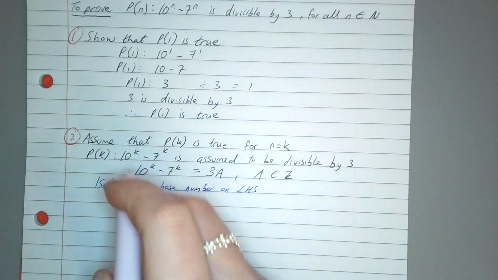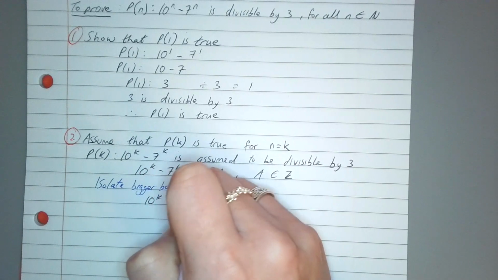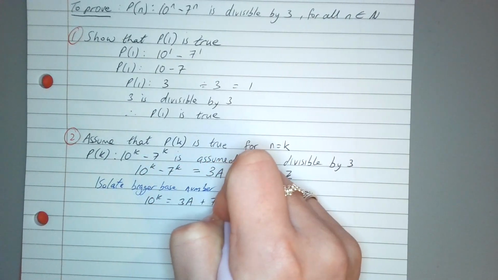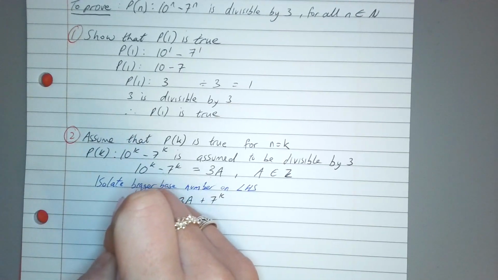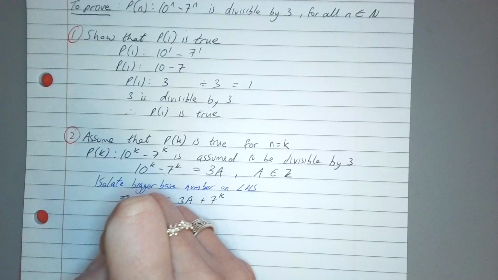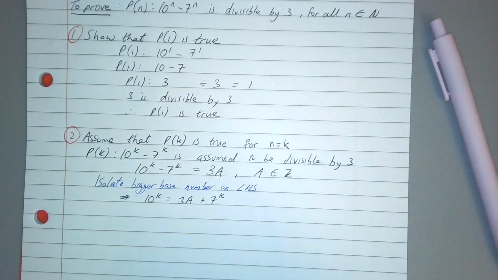Okay, so 10 is the bigger base number, so 10 to the power of k equals 3a plus 7 to the power of k. We're just manipulating this around, which implies it, so therefore they're the same thing. And we're going to step 3 then.